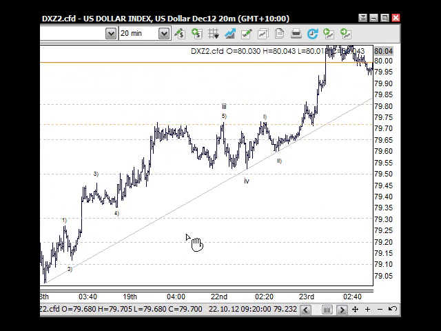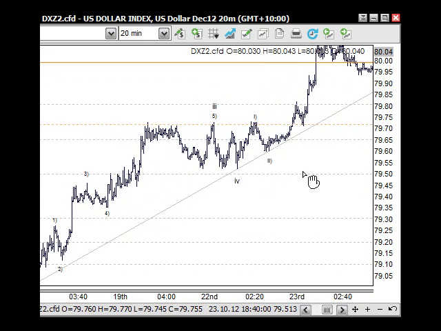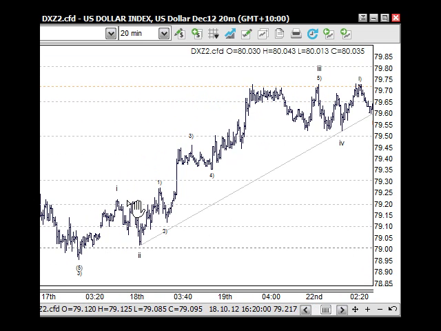So it seems to be a trend. Normally what you find is that the volume will expand, and as it moves in the direction of the trend, you'll see that the internal trends get bigger, the corrections get bigger as they move along.